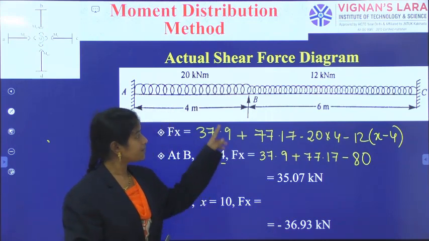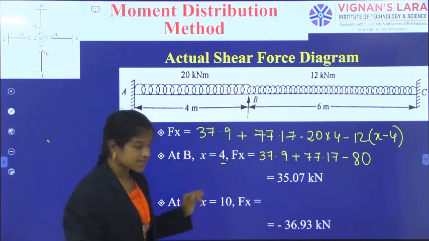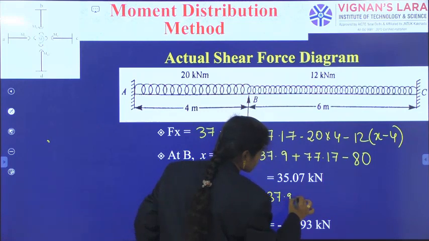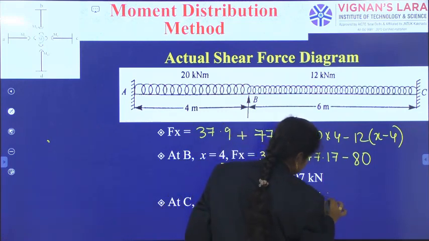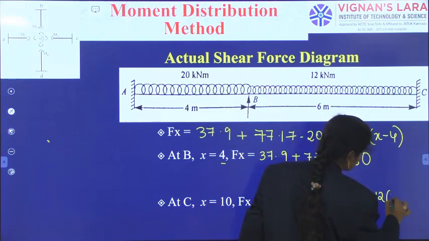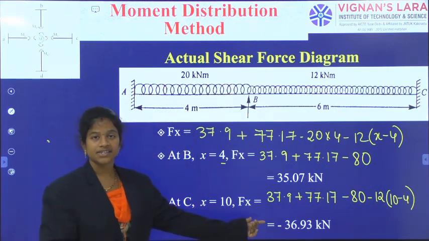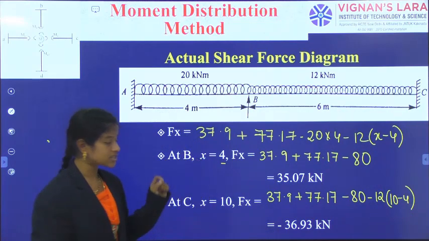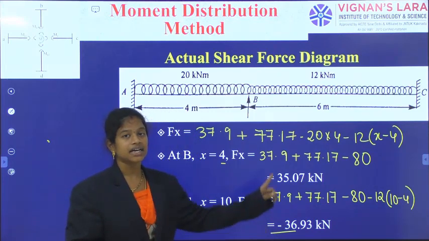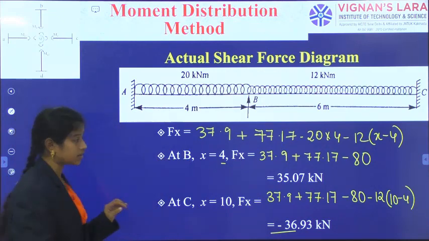Okay, so that is the shear force just to the right of B. Next, at point C: 37.9 plus 77.17 minus 80 minus 12 into 10 minus 4. So this is the multiplication, and we have got the shearing force at C equal to minus 36.93. When you observe, this is the support reaction at C, and also the support reaction at A we have got.